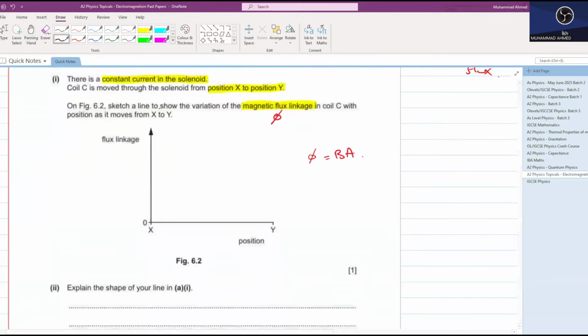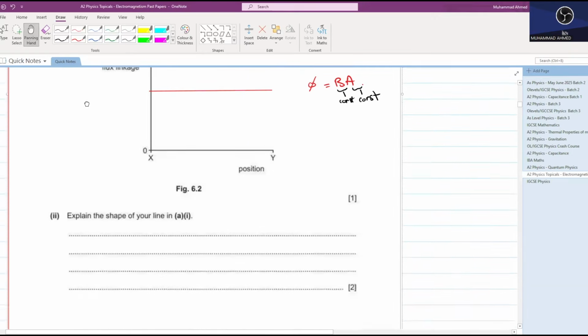If both of these remain constant, what will happen to your magnetic flux linkage? It will also remain constant. It will be a straight horizontal line. Like this, I hope I have drawn it as a horizontal line.